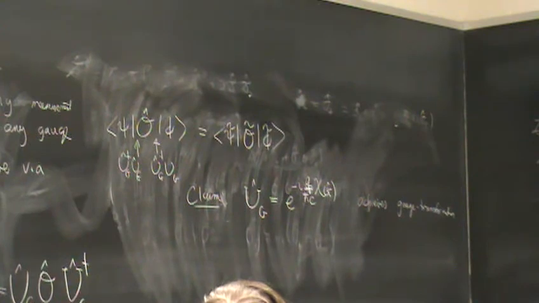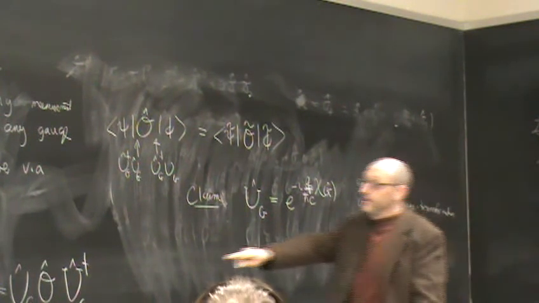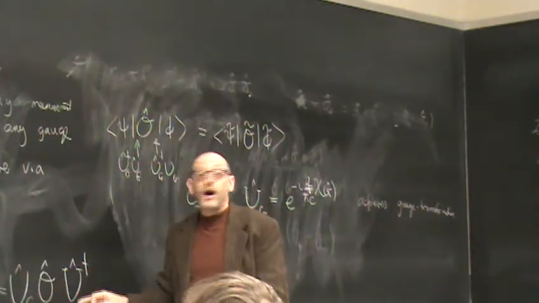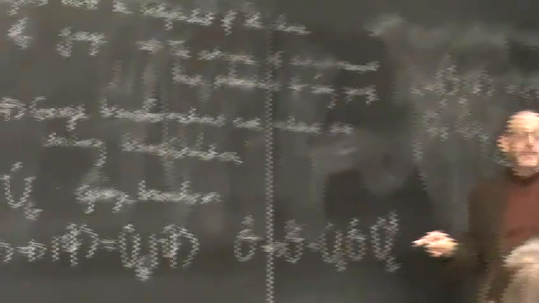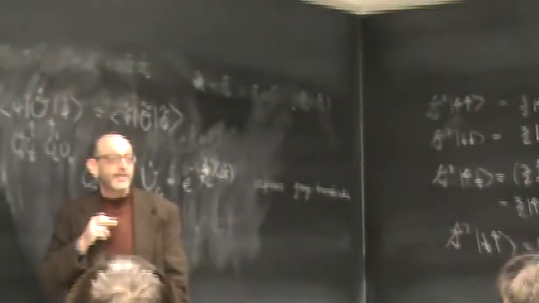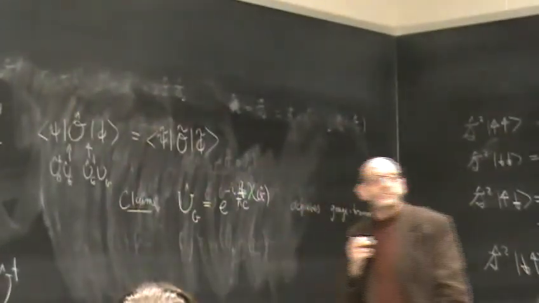What do you mean by gauge transformation? What I mean is that when I do this transformation on the Hamiltonian, it will take A to A plus the gradient of chi. So let's try that.